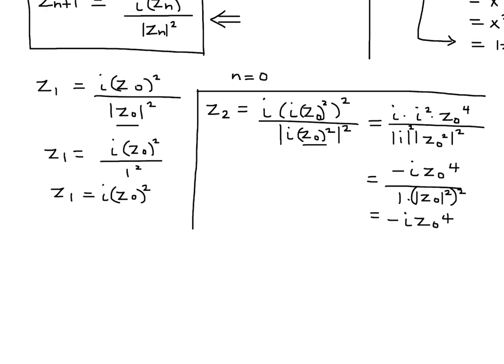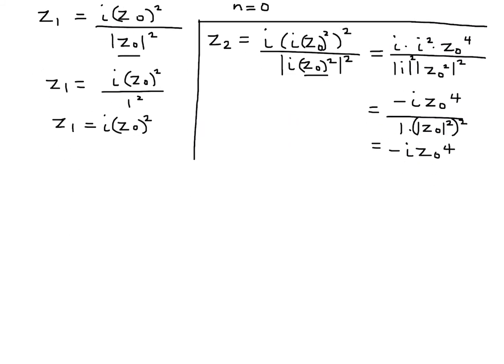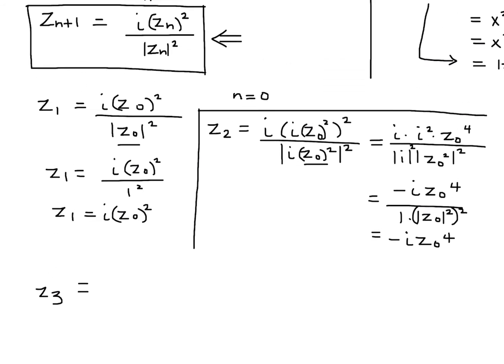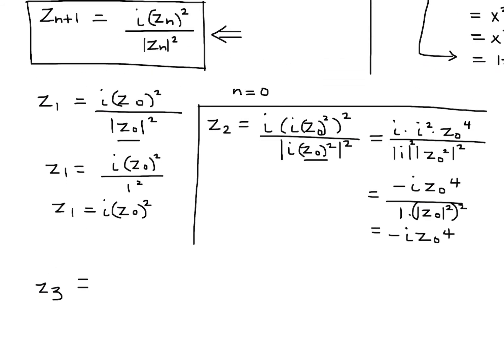All right, let's do just one more. I think one more should be sufficient. z3, using our formula. And our formula, let's stick that on the screen there, this one right here. So we've got i z2 all squared over the magnitude of z2 squared, like that.